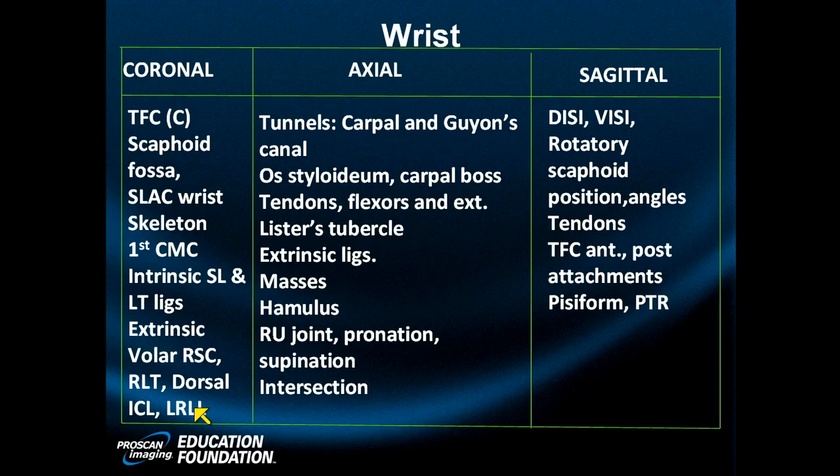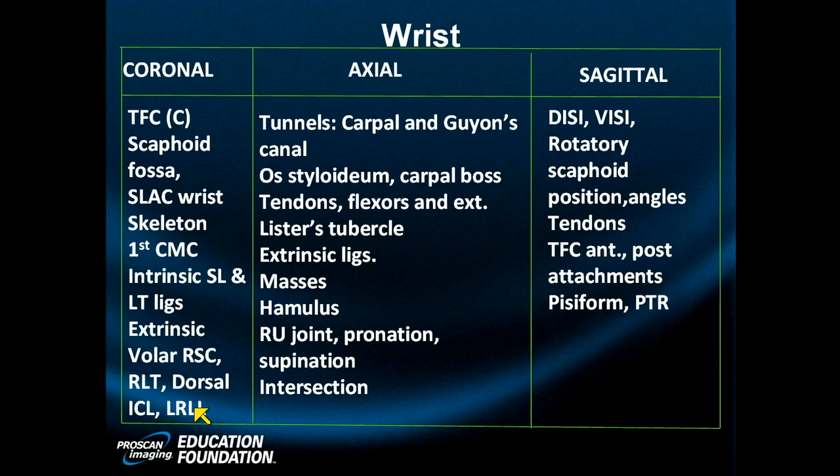Os styloideum. You saw yesterday how valuable it was for pulleys, flexors, extensors, although the sagittal is number one for retraction. Lister's tubercle: anomalies of Lister's tubercle, fractures of Lister's tubercle.